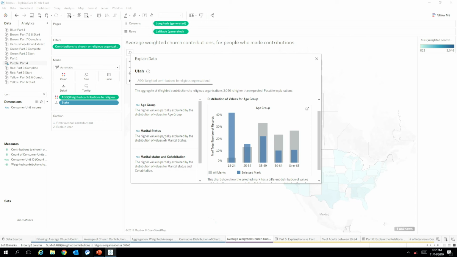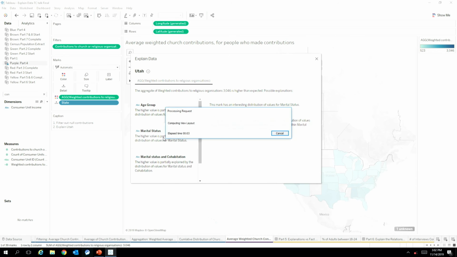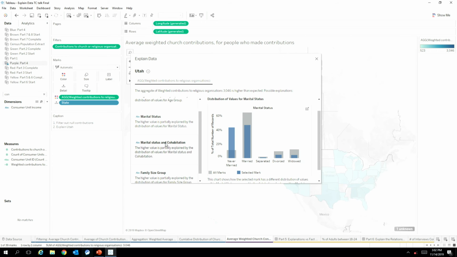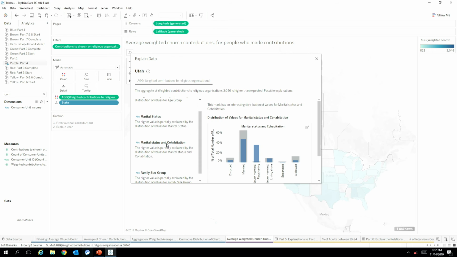We're also seeing that marital status is an explanation here. And we can see again that there's over 40% of people who are never married, and a lower proportion of married people in Utah. Now, if you remember back a few steps, when I was creating this scatter plot, we made a calc combining flat sharing versus not flat sharing for unmarried people.